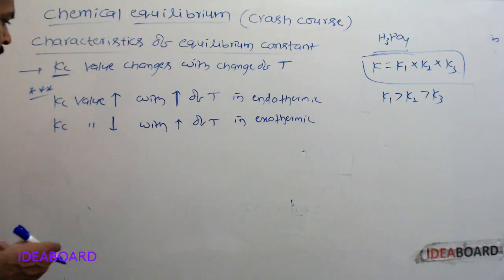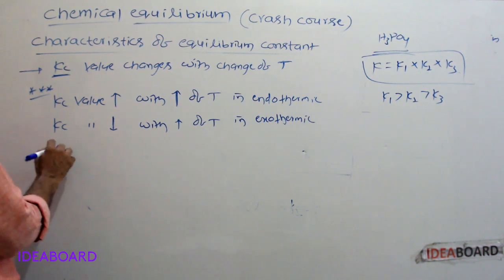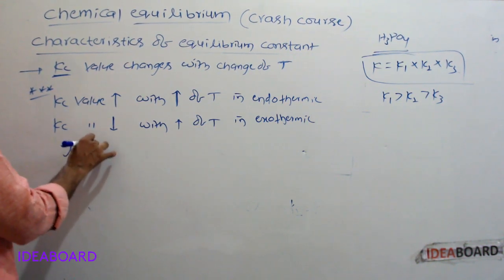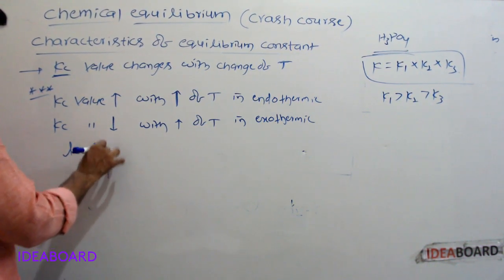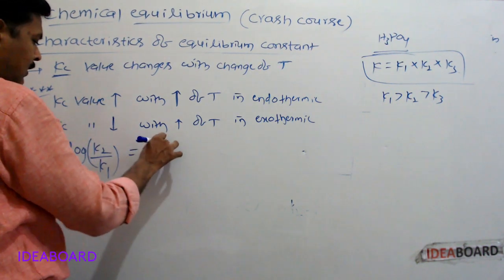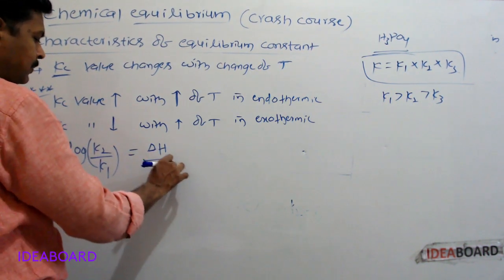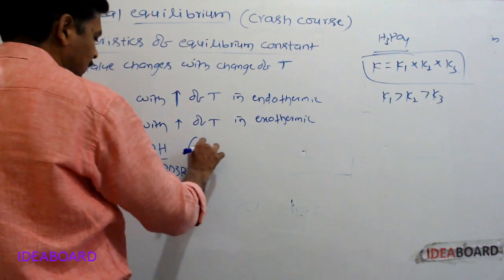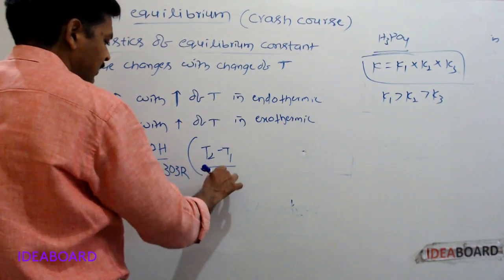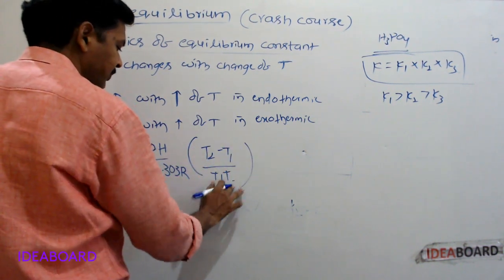This we can explain by using the Van 't Hoff equation. The Van 't Hoff equation is log K2 by K1 is equal to delta H by 2.303 R into T2 minus T1 by T1 T2.